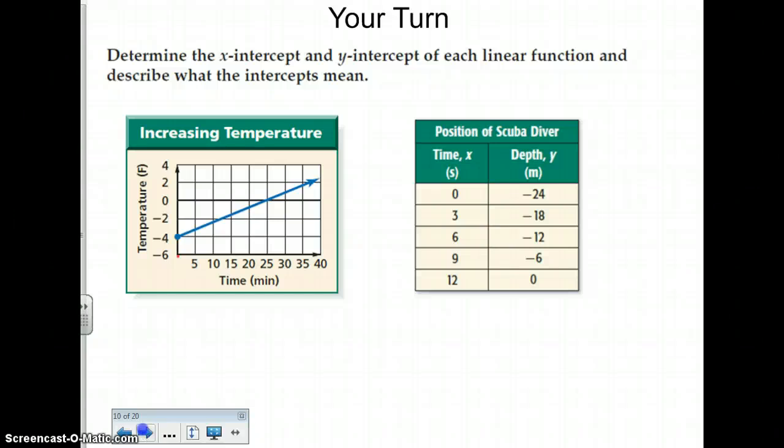So in this first one, if we were to have a y-intercept, it would be at a negative value. And when we're talking about increasing temperature and time, we can't really have a negative time value. So our y-intercept is at -4.